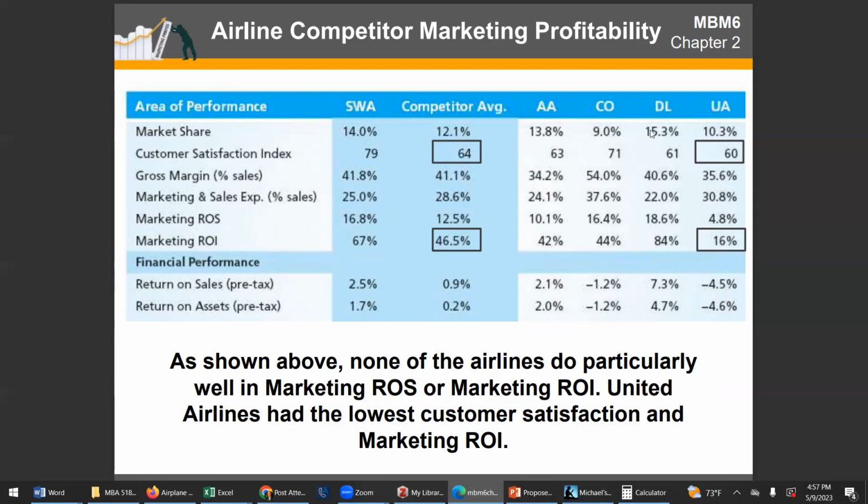Delta looks like they're way above average on marketing ROI, and way above average on return on sales and return on assets. So my guess is that while the customer satisfaction isn't much better than United, they have larger market share.